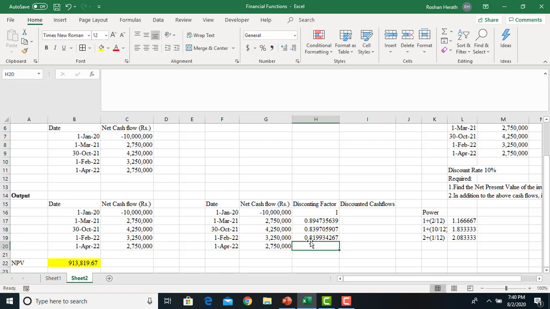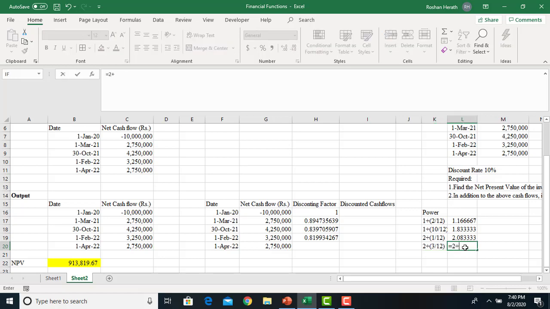So it gives like this. And finally, the final cash flow occurs in 2 years and like 1st of April, January, February, March, April. It's like 3 months, no? Yeah. So it's 2 years plus 3 months.